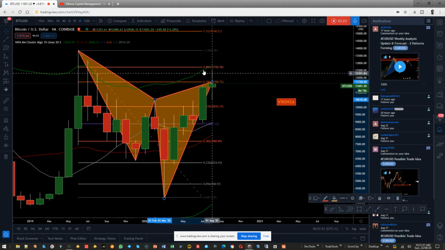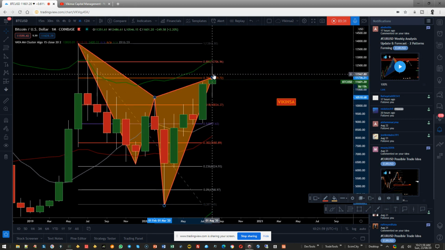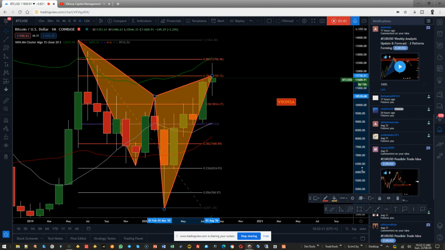It went a little bit above, and that's what caused the structure break, but it wasn't a breakout. It probably came to test the 12,000 psychological number here, but it wasn't a breakout, and that's what matters. You should try to see whether it is a proper breakout or not.